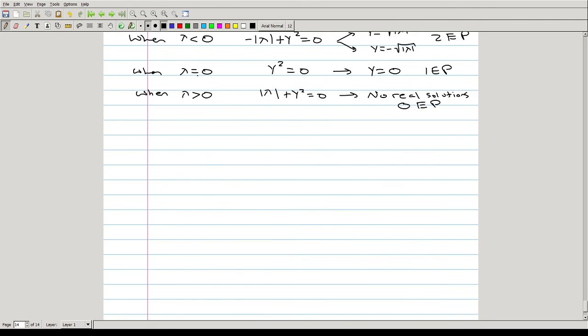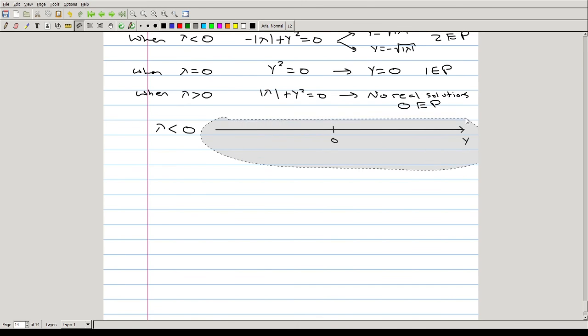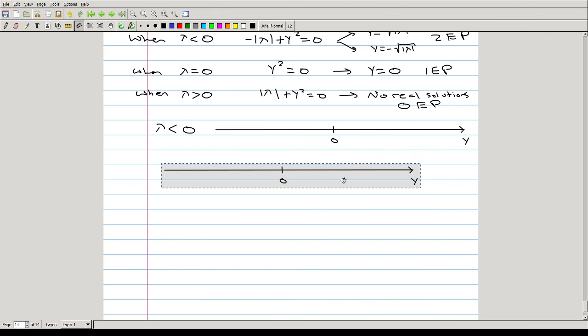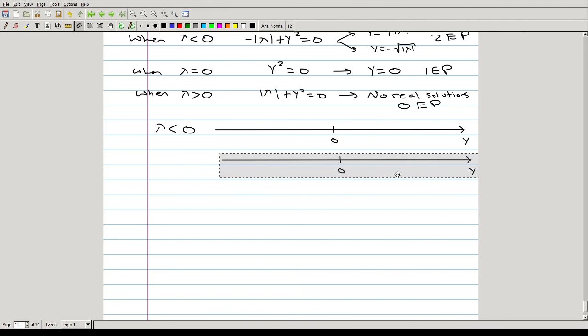What does this mean about the phase line diagram? This is telling us that when lambda is less than 0 and lambda is negative, we'll put a mark here at 0. And I'll make a copy of this. We're going to have to consider the other cases as well.